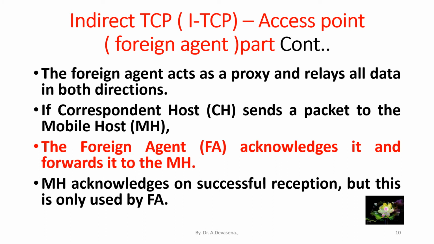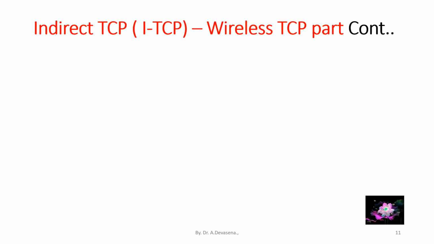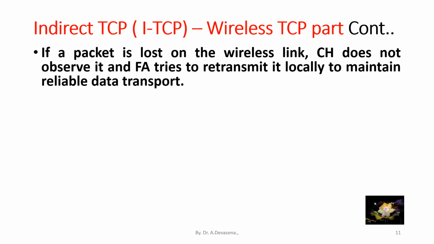MH acknowledges on successful reception, but this is only used by foreign agent, that is FA. If a packet is lost on the wireless link, CH, that is the correspondent host, does not observe it and foreign agent FA tries to retransmit it locally to maintain reliable data transport.